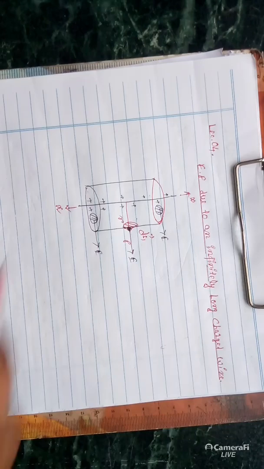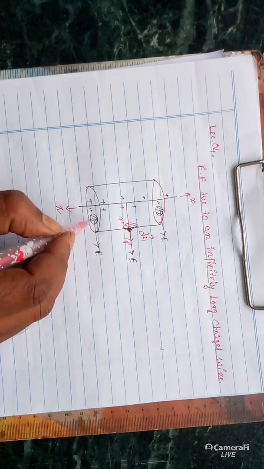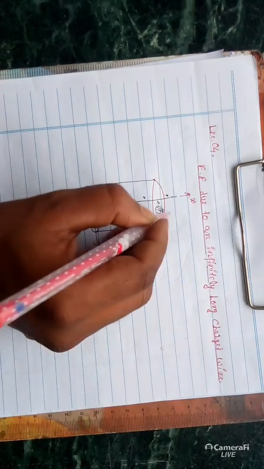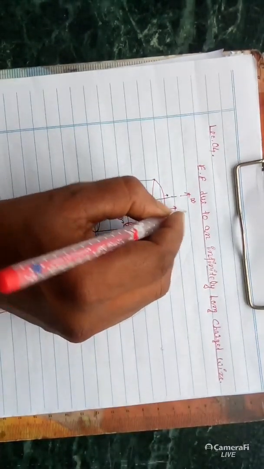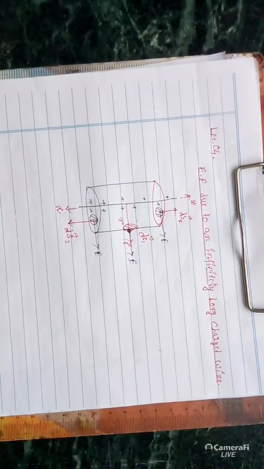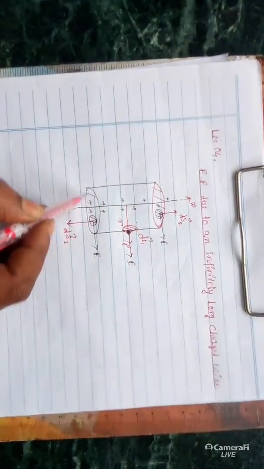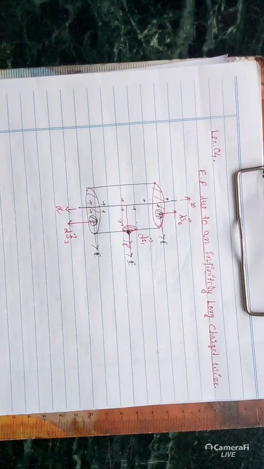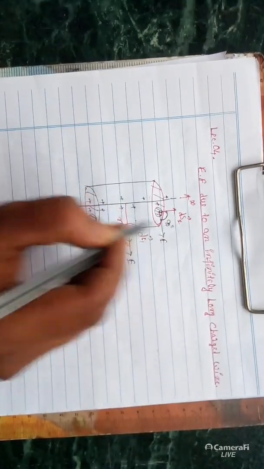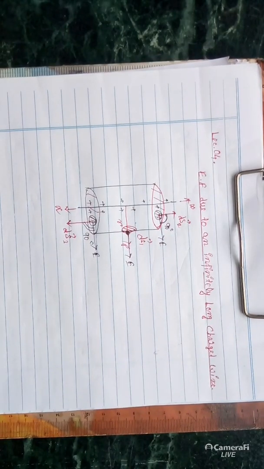Notice here, no flux will emerge from surfaces S2 and S3, the end surfaces, because the angle between the electric field and the surface area is 90 degrees. Clear? So no flux will be there.